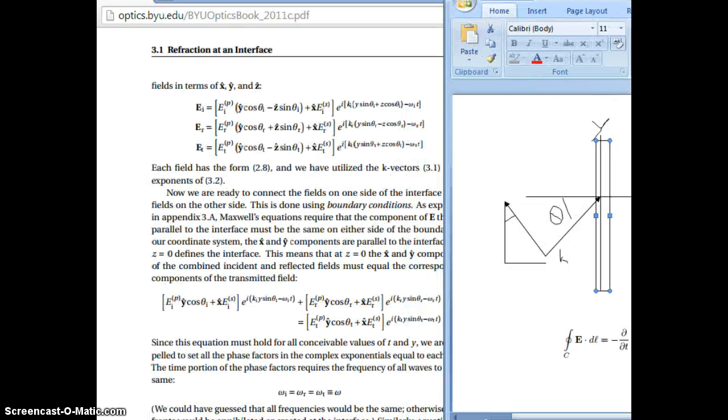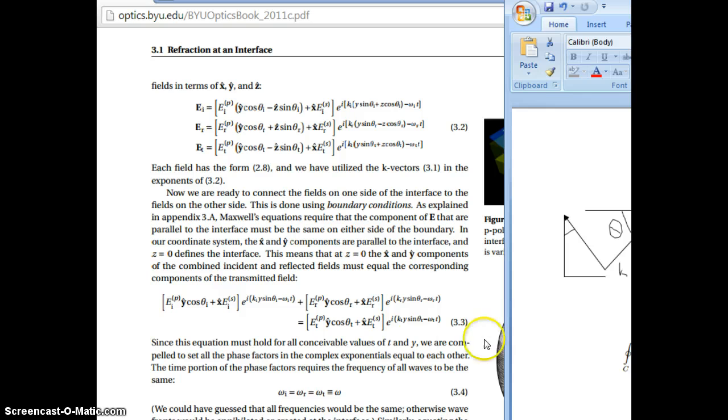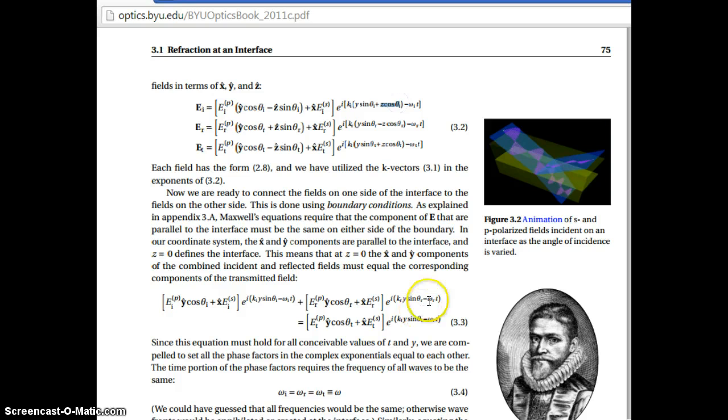Z equals 0. We're just arbitrarily dealing with the field at the position z equals 0, which is nice, because it takes out the z term, and we can get rid of that. So we don't have to worry about that vector.